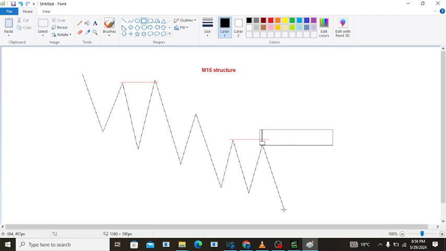If the price, okay, but this is an easy setup. For me to sell here, this inducement needs to go.